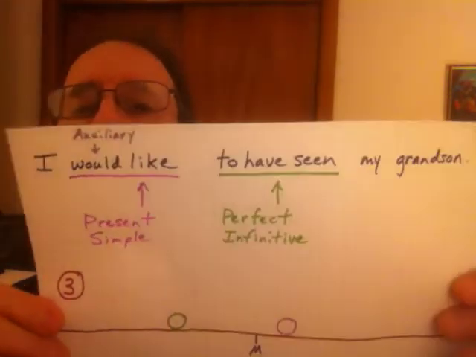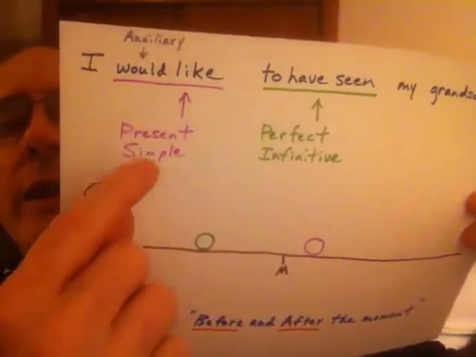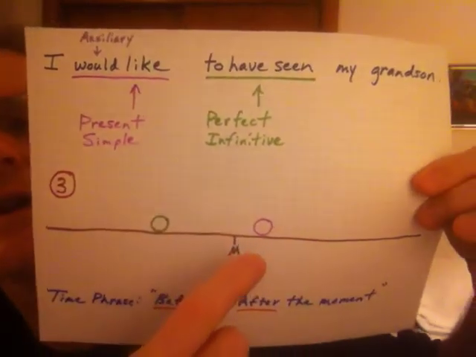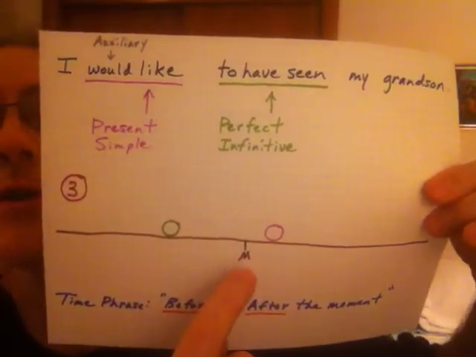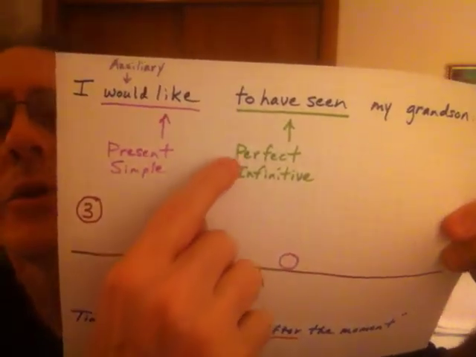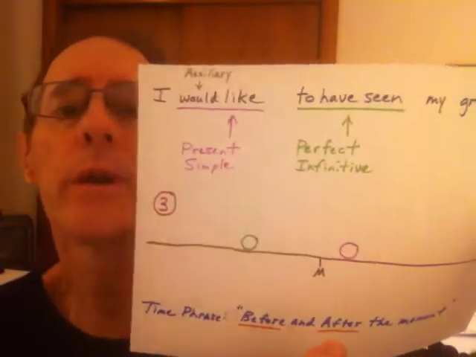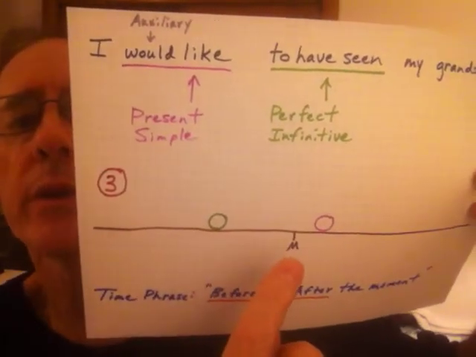A little bit different. So that gives you a different timeline. Now you see, I would like, tells you that it's likely going to happen after the moment of speech, but to have seen would have come before the moment of speech. You see, before the moment of speech.